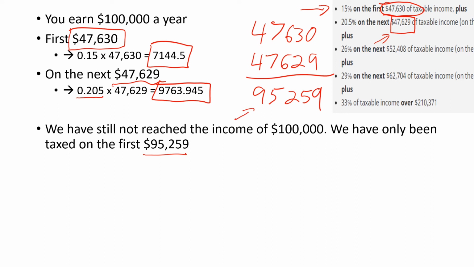Since this number is less than how much we make, we still need to pay taxes on that last $5,000.